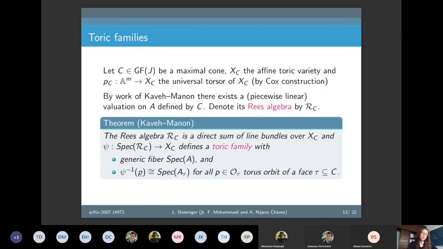Moreover, here they will be isomorphic to the spectrum of the corresponding quotient A tau. So A tau again was the quotient of the polynomial ring by the initial ideal of J with respect to tau. And in this second part, you see why we do not have irreducible fibers. If we take a point in the torus orbit corresponding to the interior of the cone C, then this is the spectrum of a quotient by a monomial ideal, so we're very far from having irreducible fibers in this case.